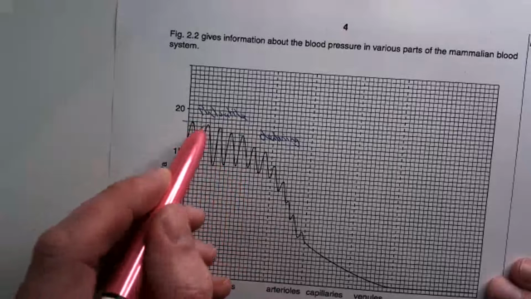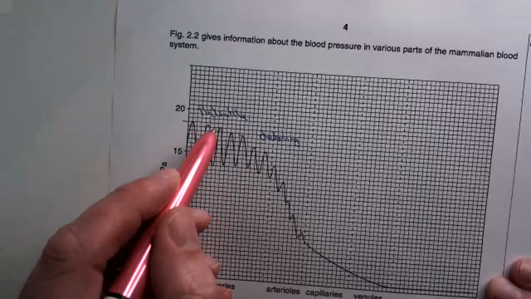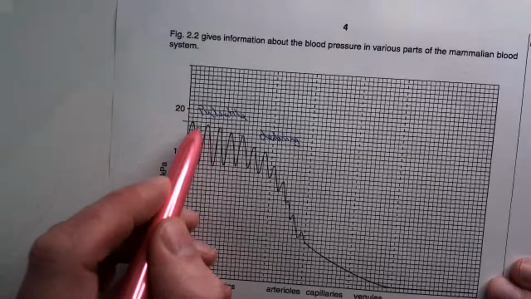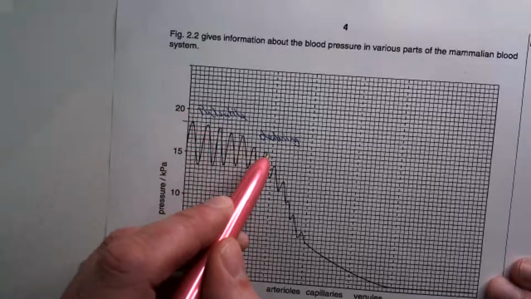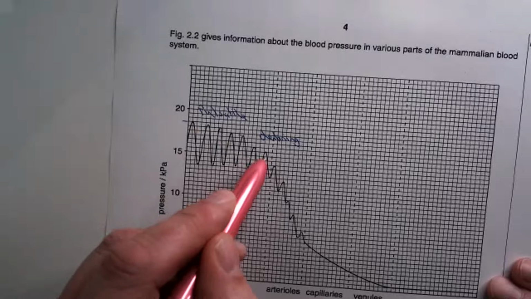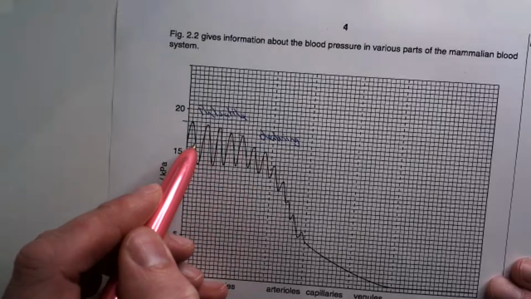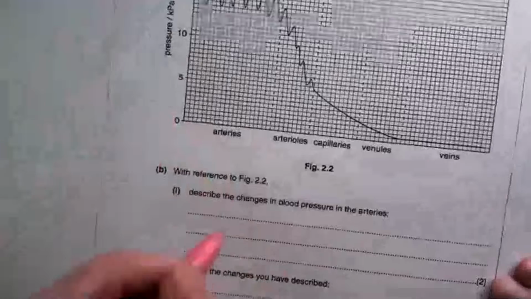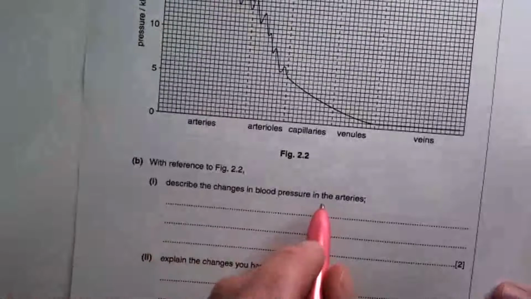So we can see that the pressure is going up and down. It's pulsatile. The blood pressure is declining. All right, and the amplitude also declines. So describe the changes of blood pressure in the arteries.